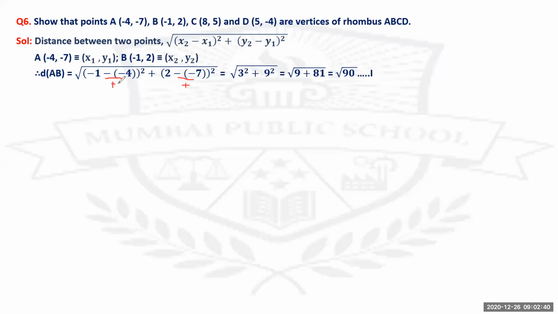Minus and minus becomes plus. So -1 plus 4 will give you 3, so 3 square. 2 plus 7 will give you 9, so 9 square. So you'll get under root of 3 square plus 9 square, that is under root of 9 plus 81, that is equal to root 90.